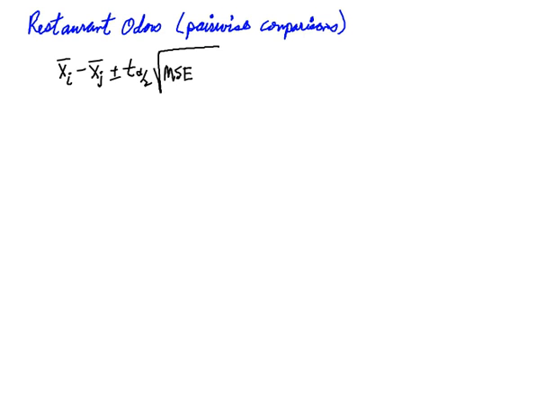Remember, MSE is a good estimate of the population variances, and we've assumed that all populations have the same variance. That's a condition for running ANOVA to begin with. MSE is a good estimate of that overall population variance that the three populations are equal to.